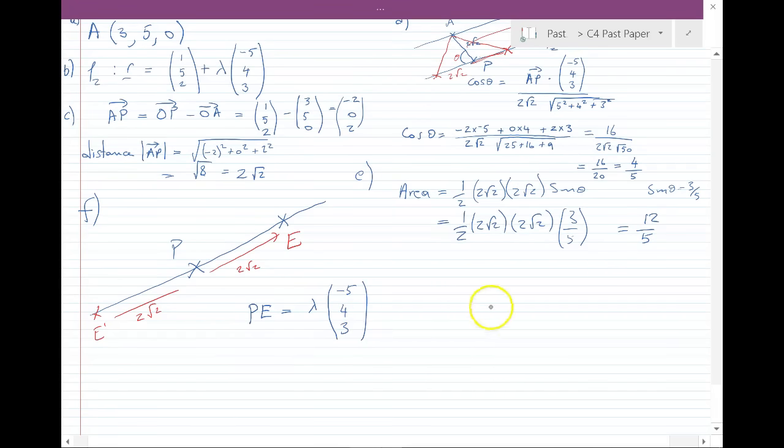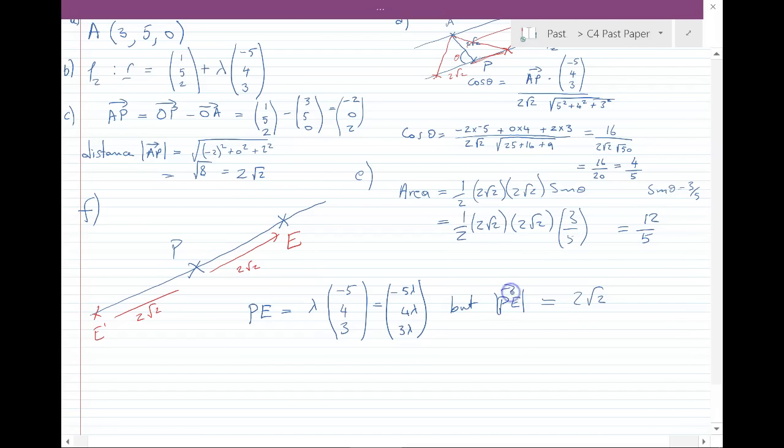Okay, but we need the length of PE, in other words the modulus of it, to be equal to 2 root 2. So this is minus 5 lambda, 4 lambda, and 3 lambda.